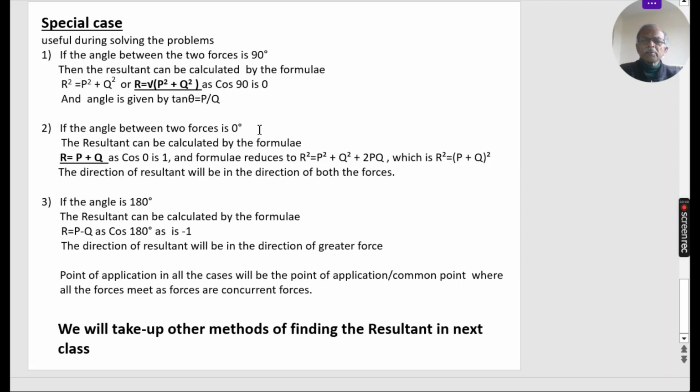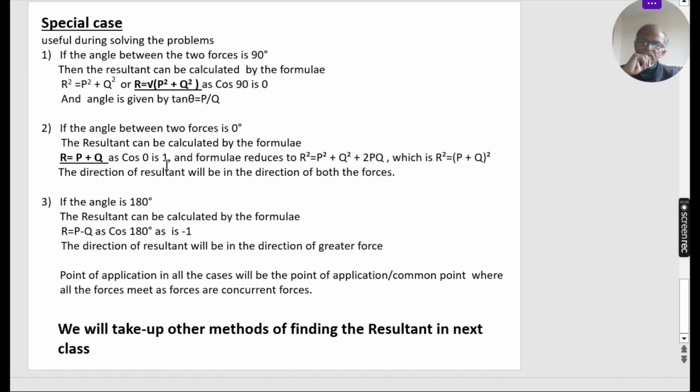Similarly, if the angle between the two forces is 0, that means they are acting along the same line. In that case, the resultant is equal to P plus Q, as cos 0 is 1. That means they will be acting on the same line, and of course the direction will be the same in which both the forces are acting.